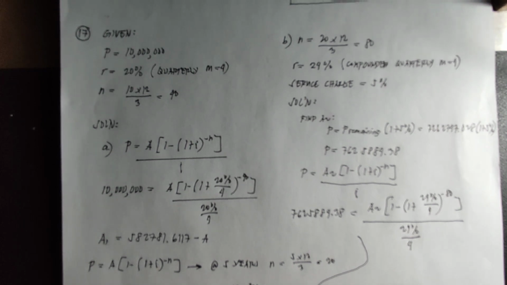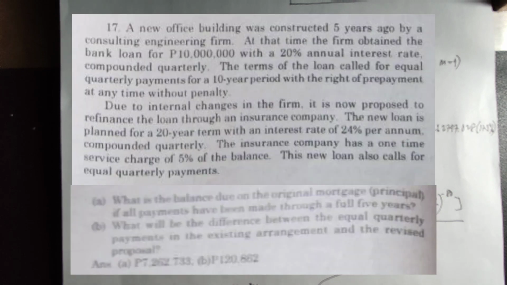So number 17. A new office building was constructed 5 years ago by a consulting engineering firm. At that time, the firm obtained a bank loan for 10 million pesos with a 20% annual interest rate compounded quarterly. The terms of the loan called for equal quarterly payments for a 10-year period with the right of prepayment at any time without penalty.